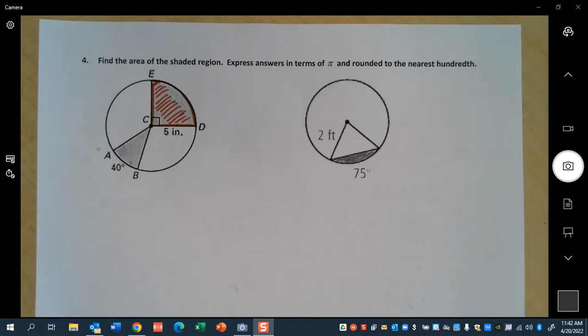And then you're going to go ahead and add them together for the whole. On your marker set, go. Okay, and you can check.